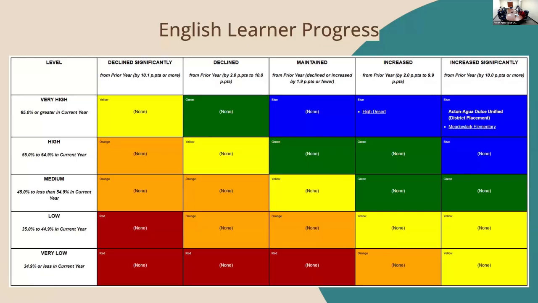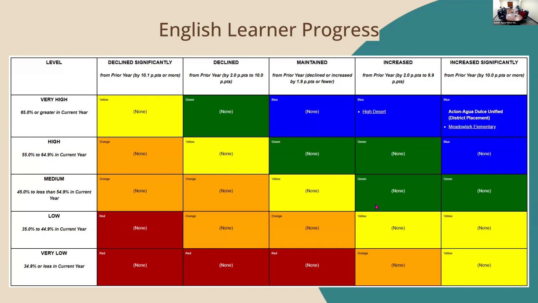We have had a lot of students redesignate, primarily, we think, because at High Desert and at Vasquez they have the designated class, where both teachers are fantastic, have good admin support, and are doing a lot of really good designated work with the kids. Meadowlark as well: we had a lot of kindergartners who tested at the beginning and redesignated. So I think it's the overall support we're giving students as it relates to their English acquisition.